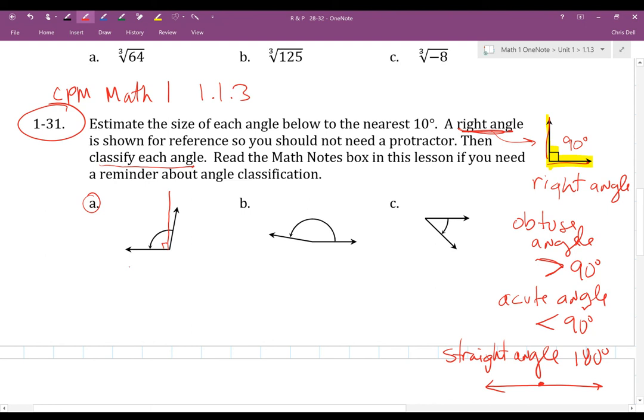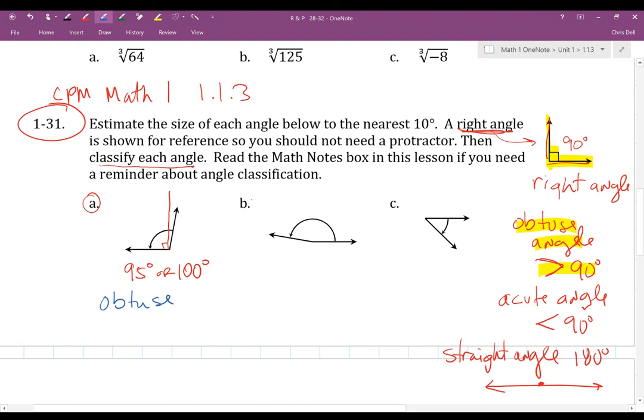So I think you can get away with saying 100 degrees. You could say 95 or 100 degrees. And if we're classifying it, that would be greater than 90, so we're going to call this obtuse.